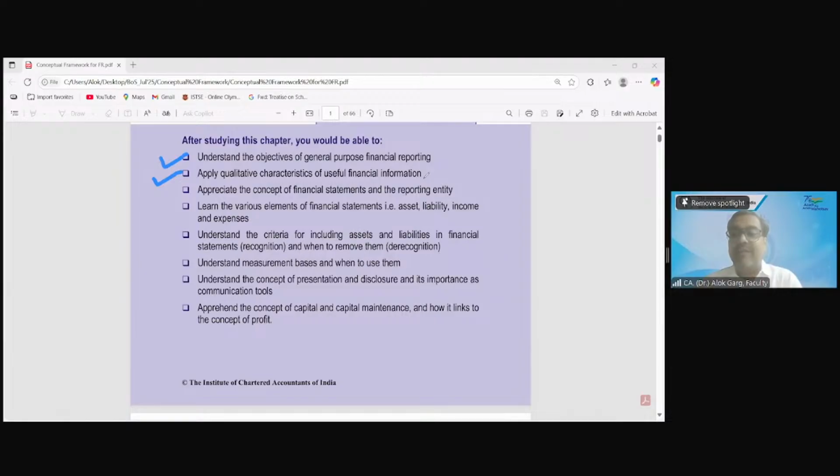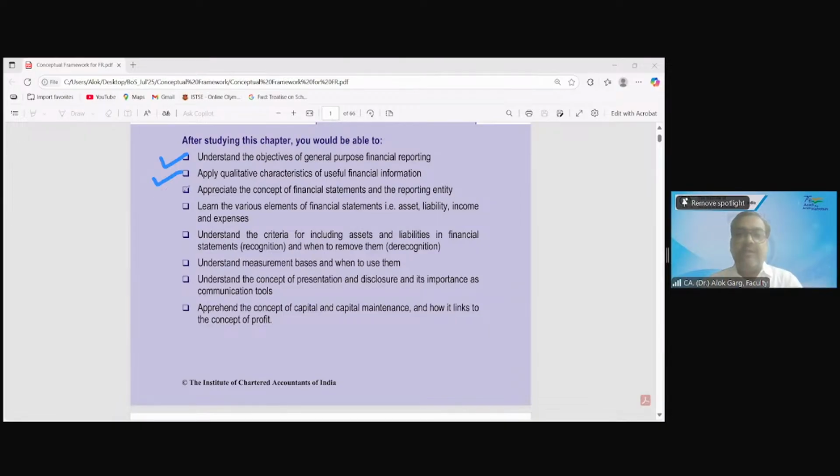Relevant means it has to be material, it has predictive value and confirmatory value. We will discuss that. Enhancing means it adds beauty to the financial statement.